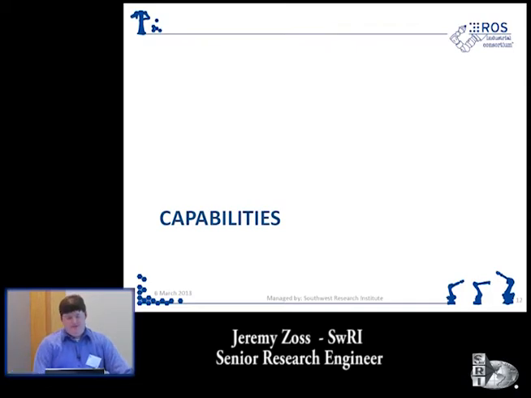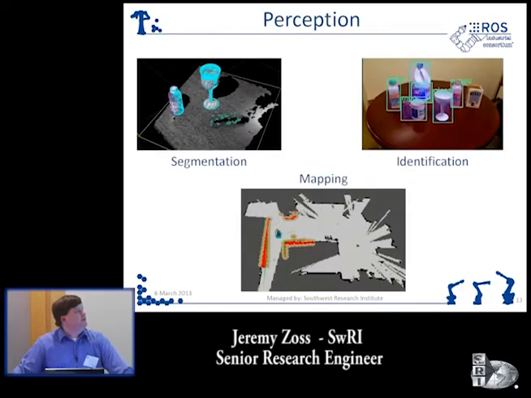So I wanted to bridge into moving away from the hardware into what is a more mid-level capability. And again, a lot of these have already been covered, so I'll flip through it. We've seen a lot about how ROS is capable of turning incoming 3D sensor data into things that the robot can make sense out of, isolating objects of interest from the background and then identifying what exactly those objects are so that you can decide how you want to sort them or kit them or whatever else.